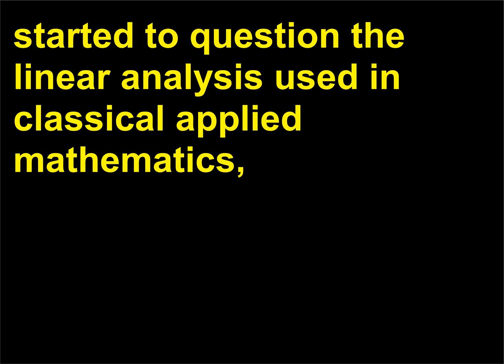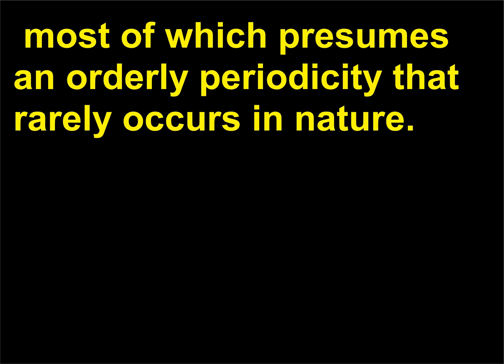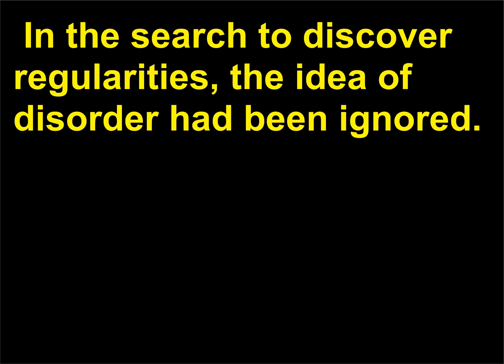Modern ideas about chaos began when theorists in various scientific disciplines started to question the linear analysis used in classical applied mathematics, most of which presumes an orderly periodicity that rarely occurs in nature. In the search to discover regularities, the idea of disorder had been ignored.